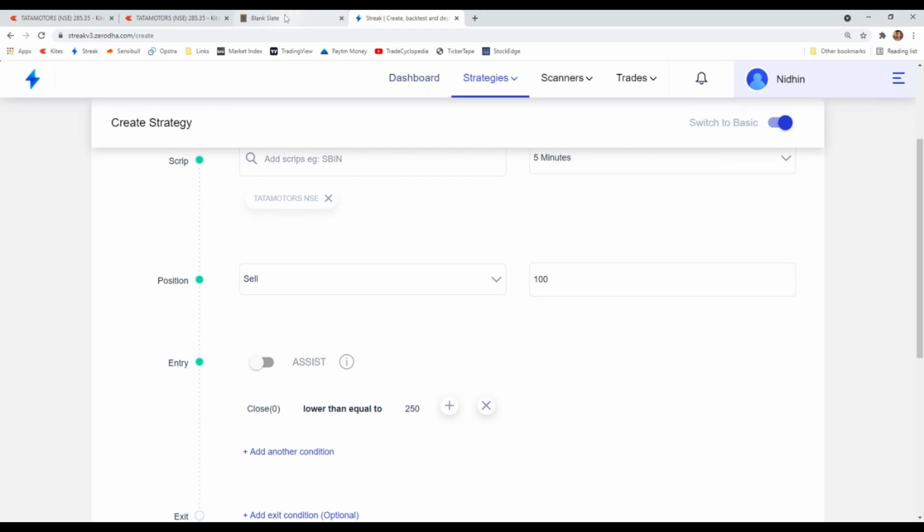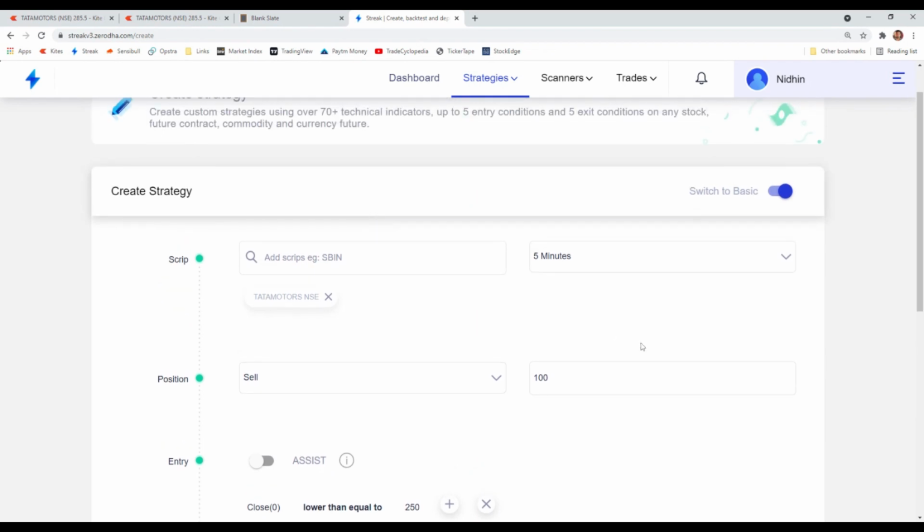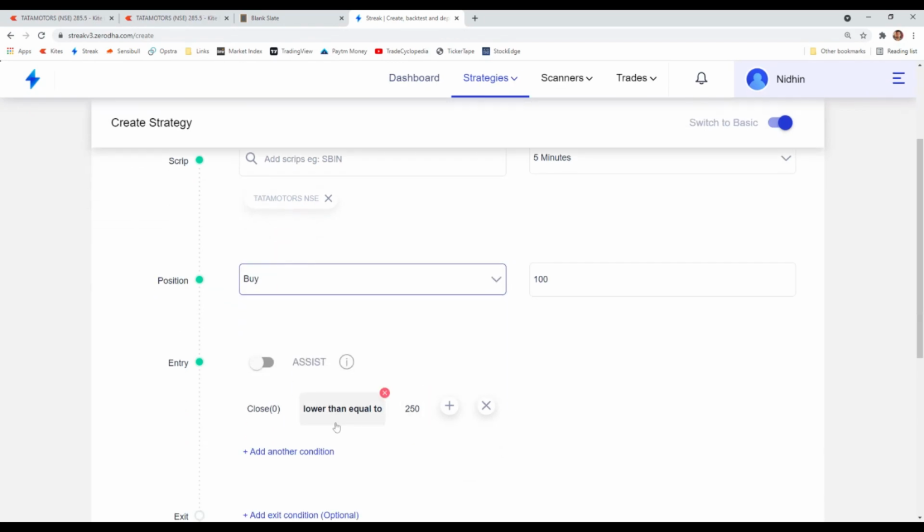Now I'll tell you the next scenario, crosses above or below. This is somewhat similar to higher or lower than, but there's a big difference, and I'll tell you how it works. Just for example, let's use the same thing. We put Tata Motors here with the 5 minute candle, and change buy/sell to buy.